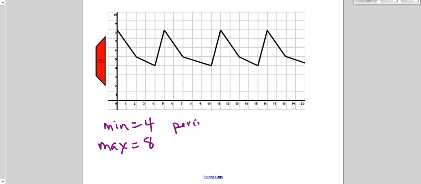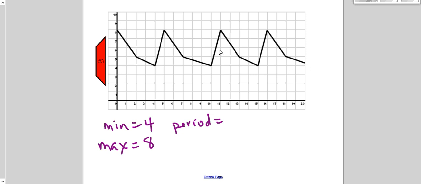My period, now this one's weird, so pay attention here. It goes down, and then this slant is only 2 over, and then it goes up and then down. But then this slant is 3 over, and then it goes up and down, and the slant is only 2 over, and then up and down, and then the slant looks like it's 3 over.